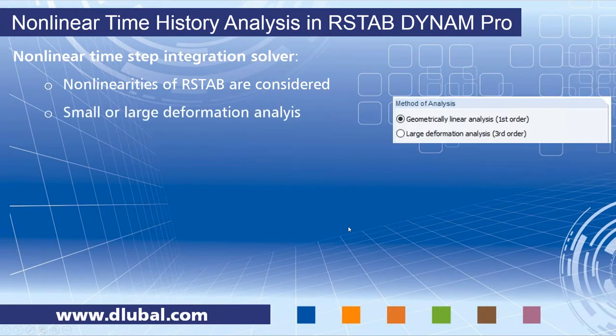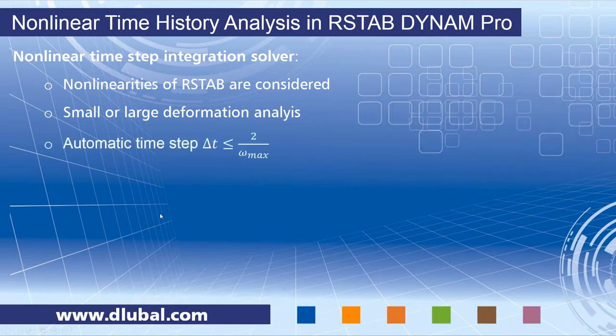RSTAB considers small or large deformations, so you can apply both theories. The RSTAB solver is explicit, but it contains some elements of an implicit solver to stabilize the solution.